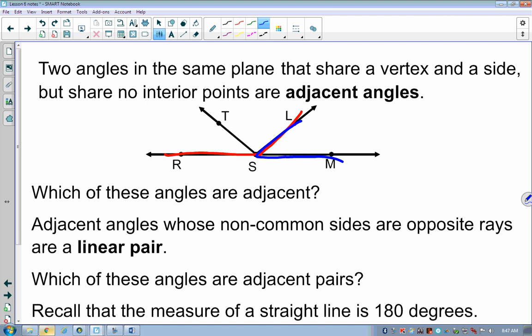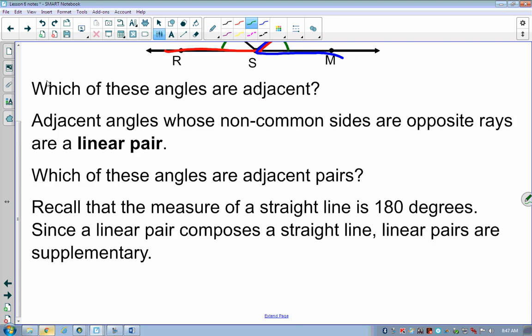If I look at this, I've got from here to here, and then from here to there, what have I got? I've got 180 degrees being represented there, so that's a linear pair. A linear pair are angles that add up to 180 degrees. We want to recall that the measure of a straight line is 180 degrees. Since a linear pair composes a straight line, the linear pairs are supplementary.